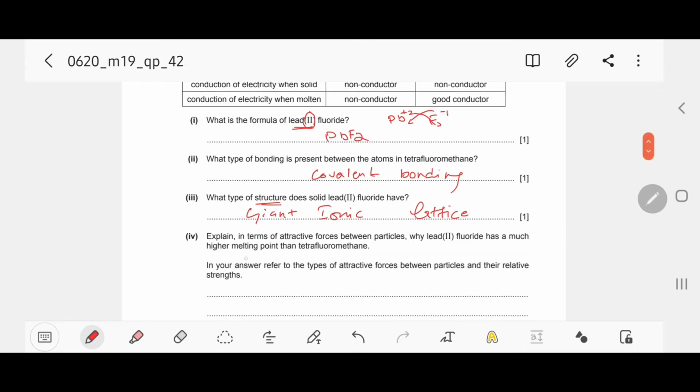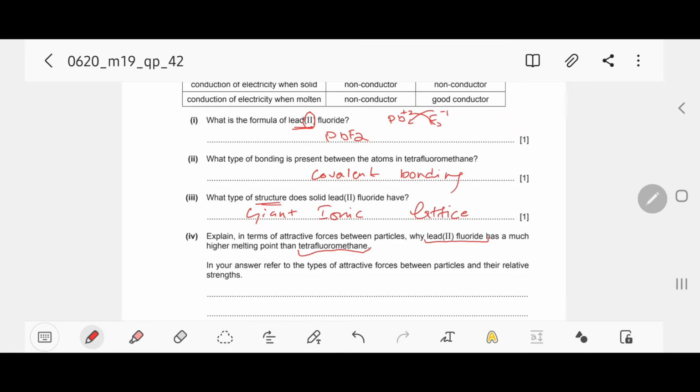So explain in terms of forces between particles why lead-2 fluoride has a much higher melting point than tetrafluoromethane. Explain in terms of relative forces between particles. As we know, lead fluoride is an ionic compound, and tetrafluoromethane is a covalent compound. Covalent compounds usually have lower boiling points than ionic compounds.